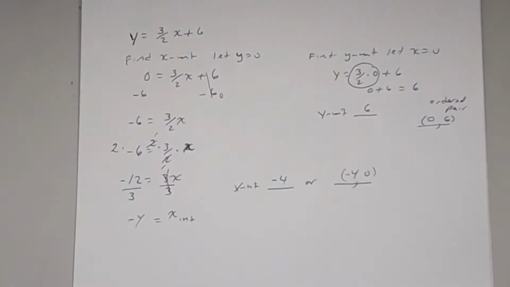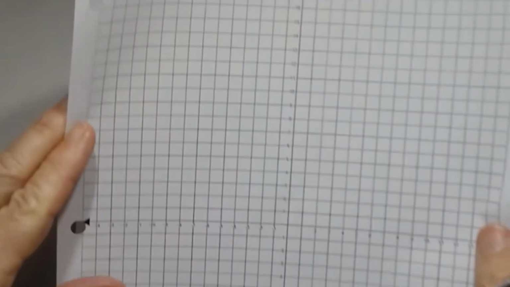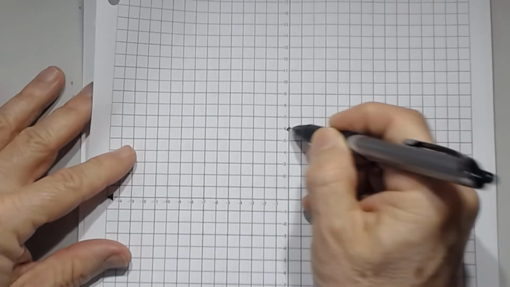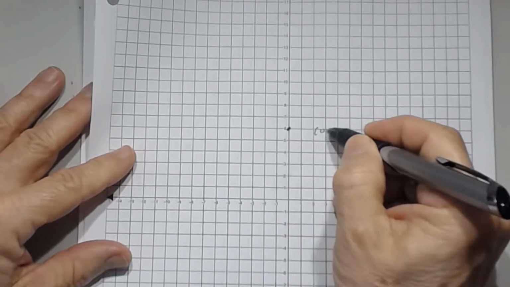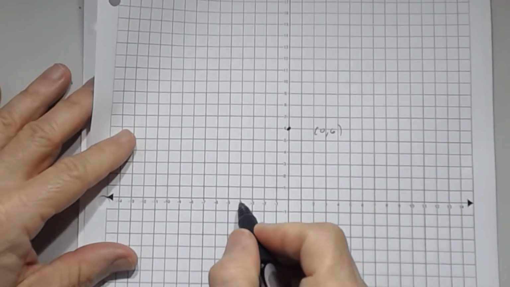Okay, and so then you plot those 2 points and draw your line. All right, so we're going to plot those 2 points. I have 0, 6, which is on the positive y-axis, and then negative 4, 0, which is here.